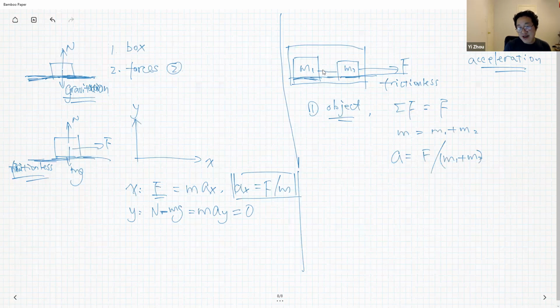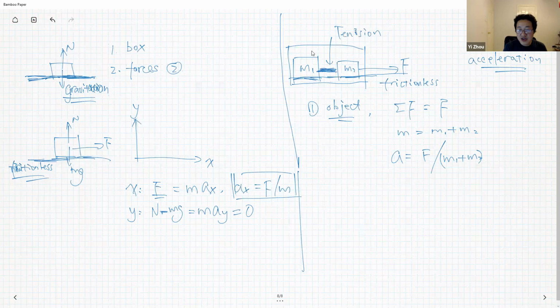How about if we want to find the tension between these two masses?